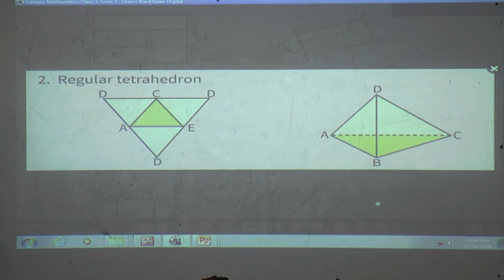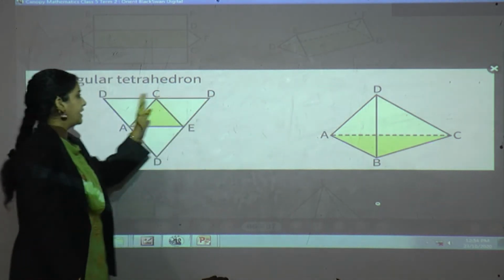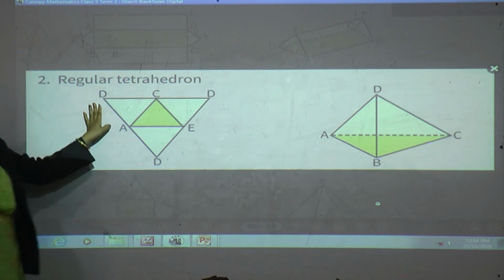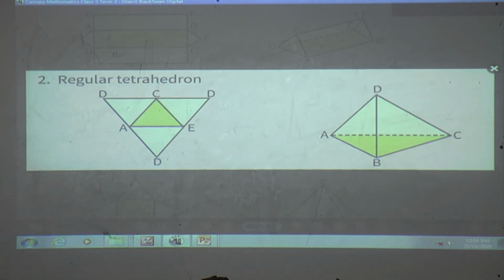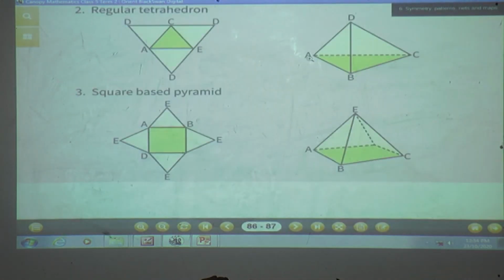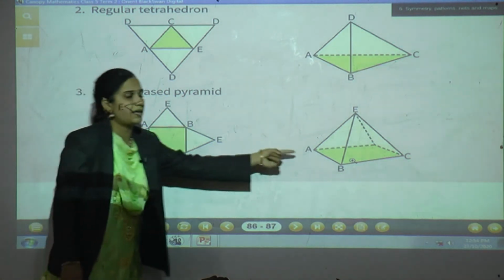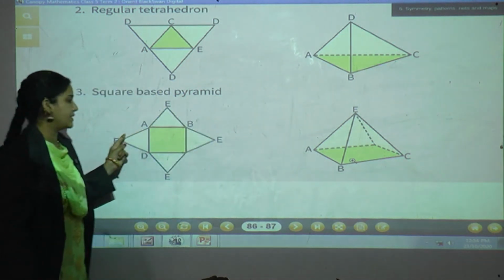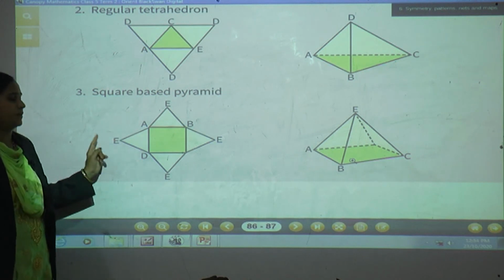That means when we unfold this figure, we'll get this net. Now the next one, a square based pyramid. This is a pyramid shape and this one is the net of a pyramid.